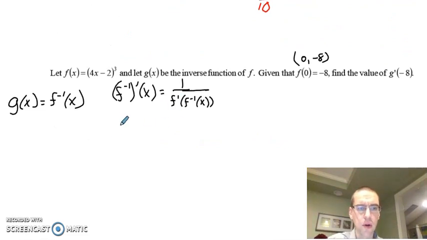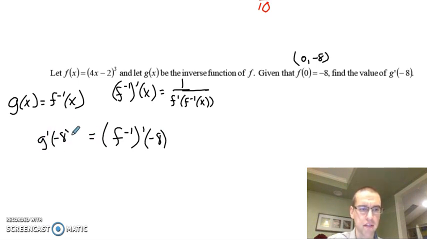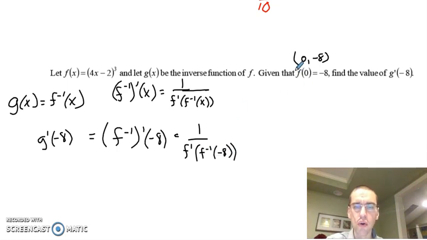And so we've got f inverse prime of negative 8. That's the same thing as saying g prime of negative 8 due to this substitution, which equals 1 over f prime of f inverse of negative 8. Well, the goal here is that we have the point (0, negative 8).